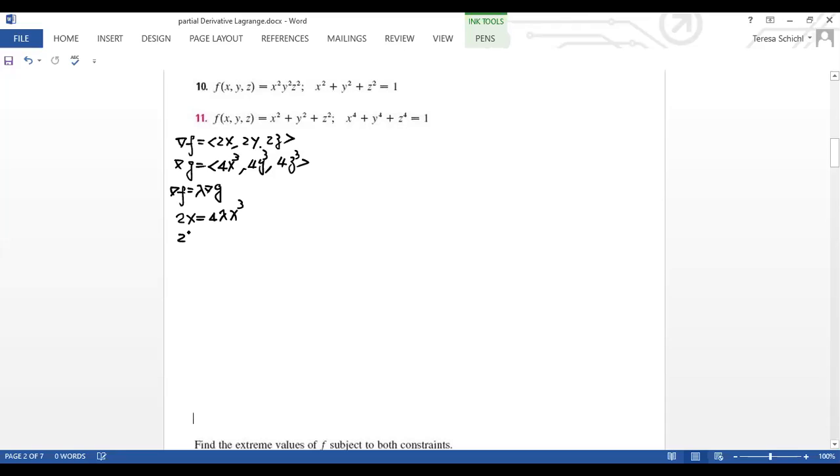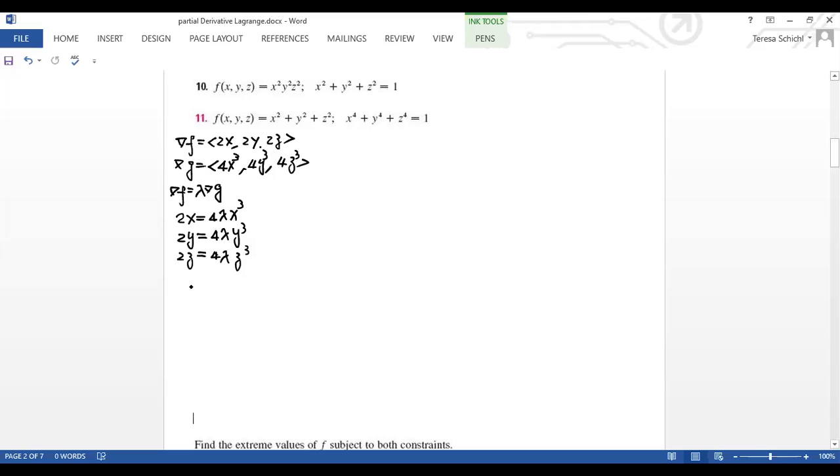Then I can also get 2y equal to 4 lambda y cubed, okay? And 2z is equal to 4 lambda z cubed here, okay?